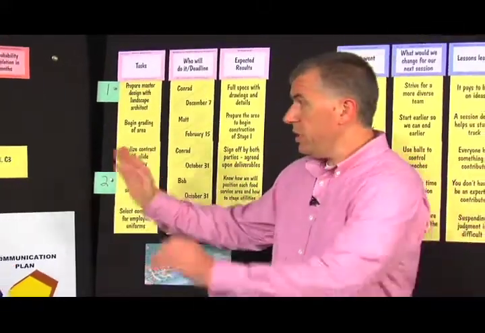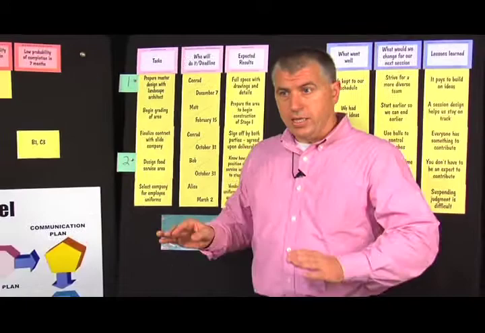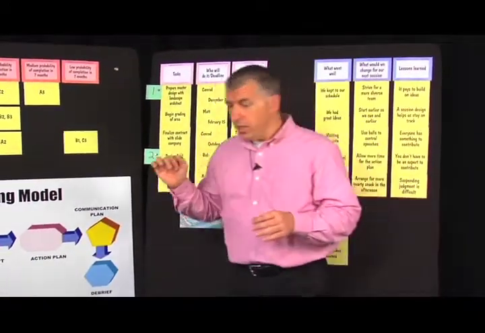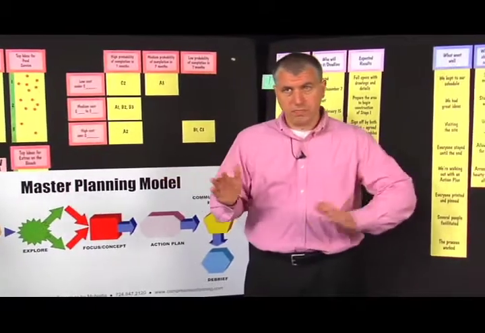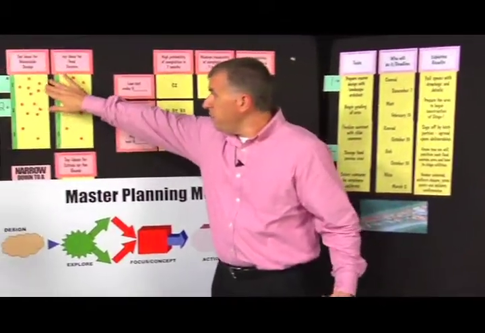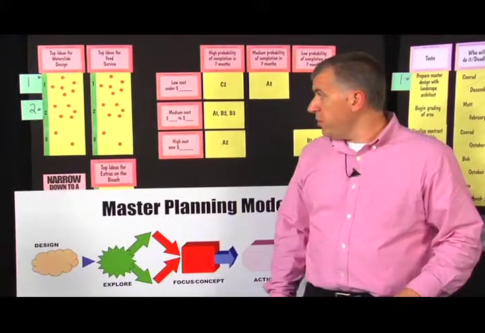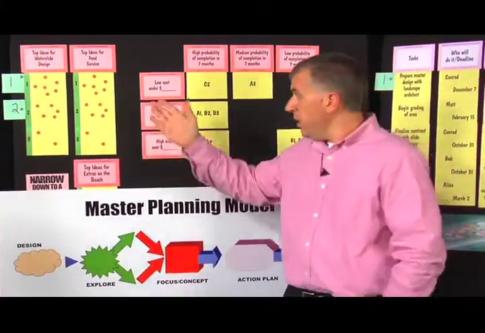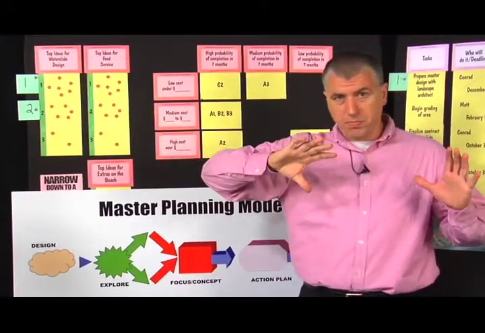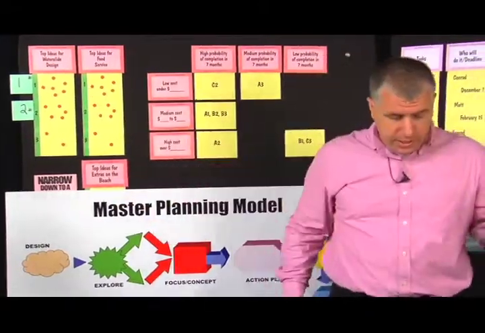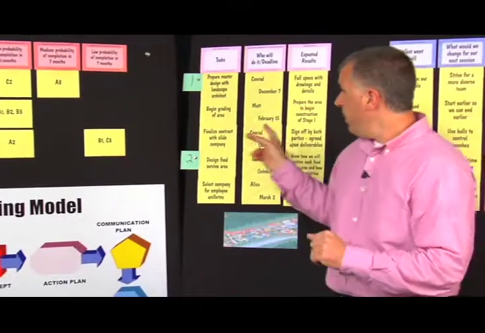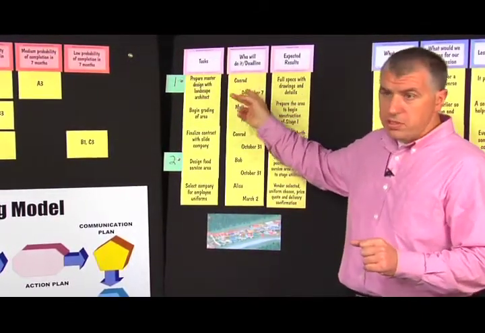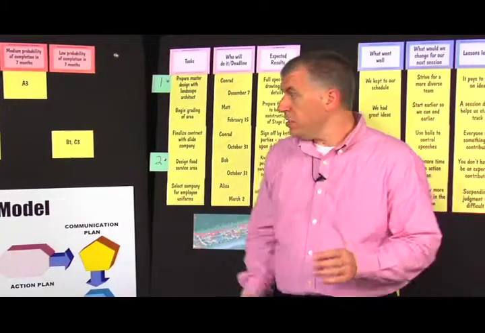Another way of doing this, again with the implementation team, and this is a way that you can really pick up a lot of time, you can subdivide. Say you're working with a group of, say, 12. You can have 2 people take on the first one, 2 take on the second, etc. However you subdivide, instead of working with a big group, just assign the top ideas and then have them come back with the tasks, maybe a who proposed deadline, expected results.